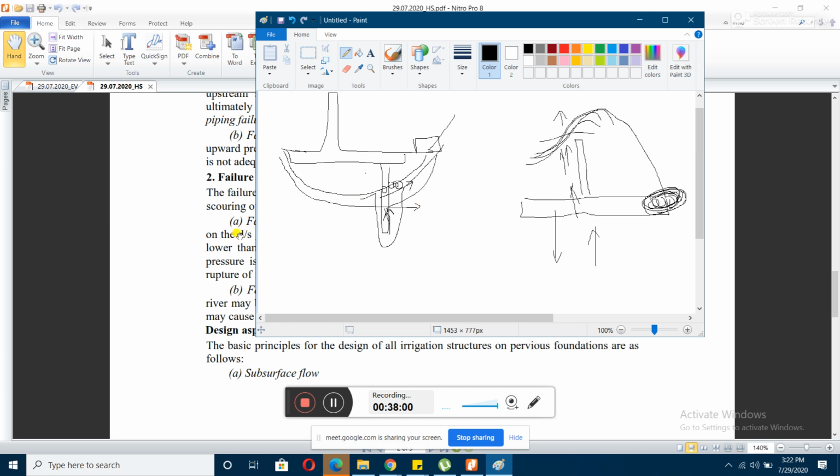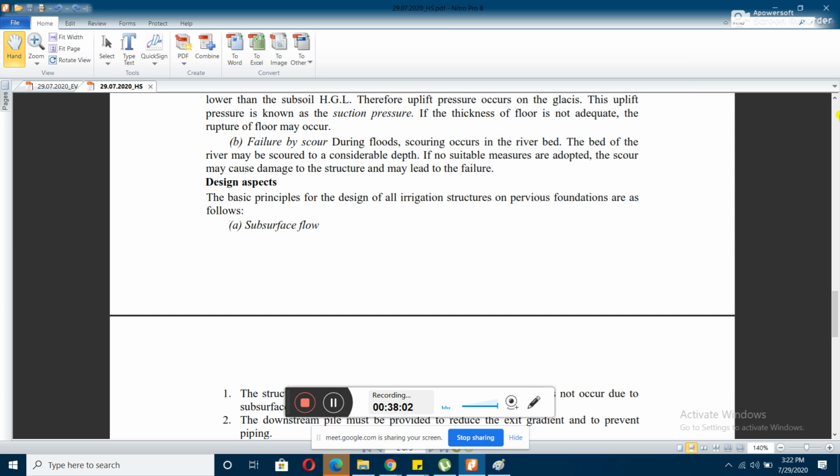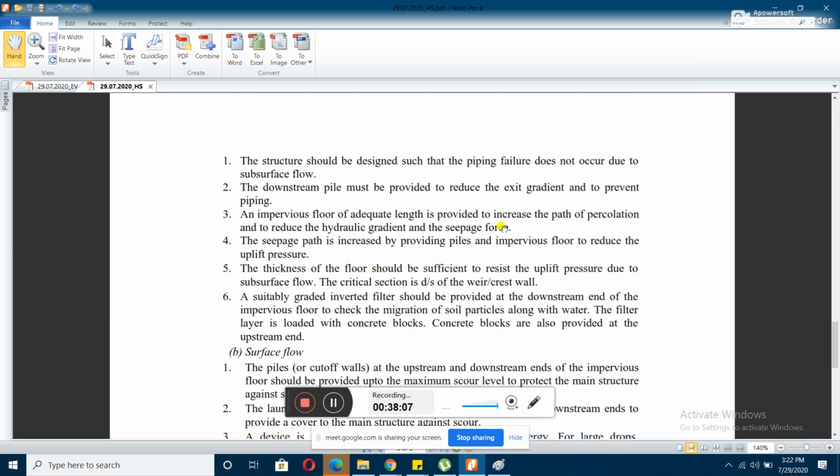Okay, so there are a few design aspects. These things I have already mentioned. You just go through the design aspects: the inverted filter is inserted, and piles are inserted on the downstream as well as the upstream side. Your impervious floor is also being designed.